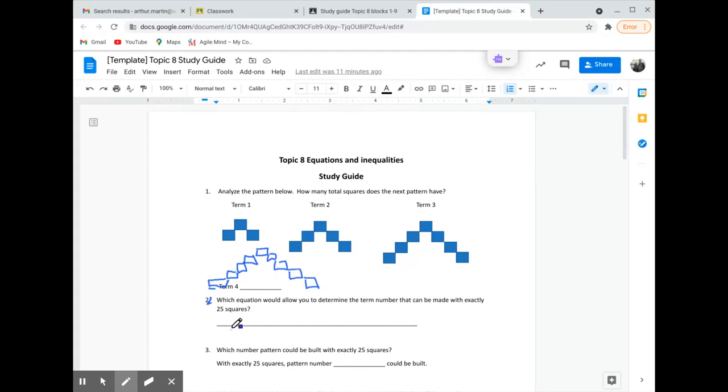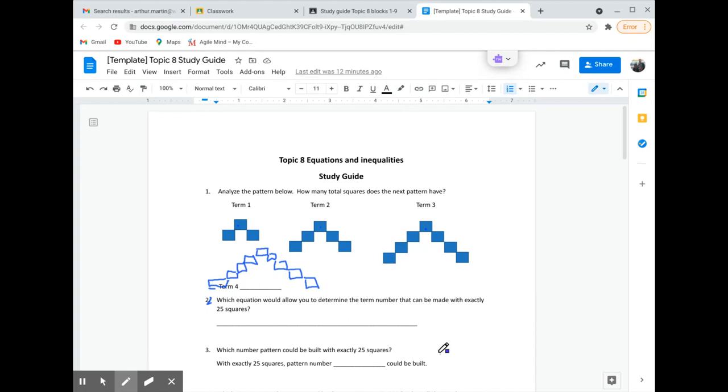Nobody's real sure. So, thinking about what Abigail and Haley were talking about, we're saying that there's 2 more that are appearing each time. And so, what I looked at was that term 1 had 1 for each side plus this one at the top. Term 2 had 2 for each side plus the one at the top. Term 3 had 3 for each side plus one at the top.